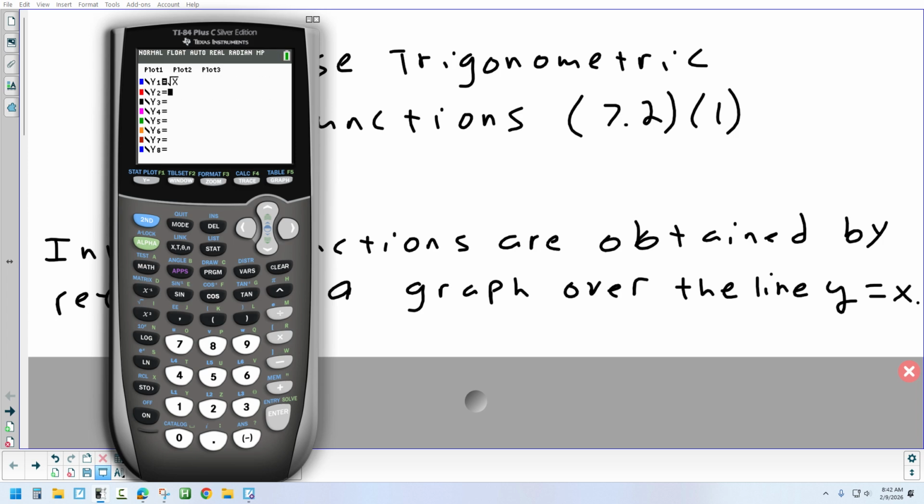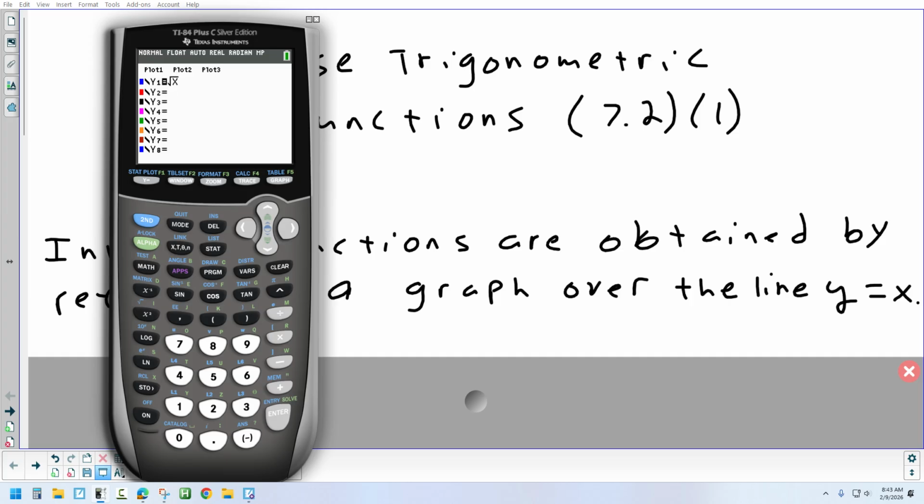What function is the inverse of a square root? I guess, yep. Might be like y equals x squared. Yeah, x squared. All right.